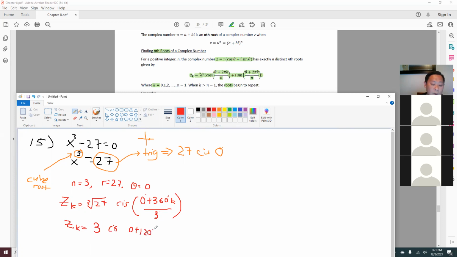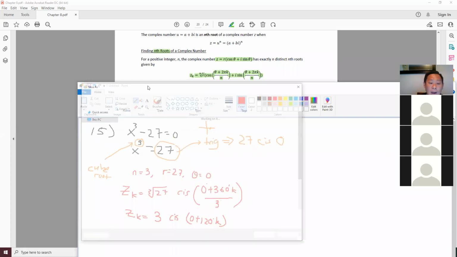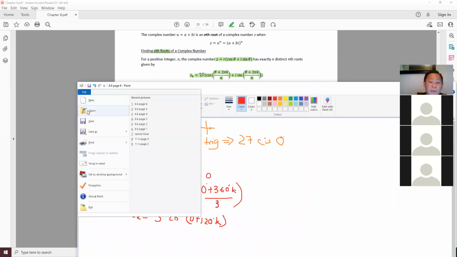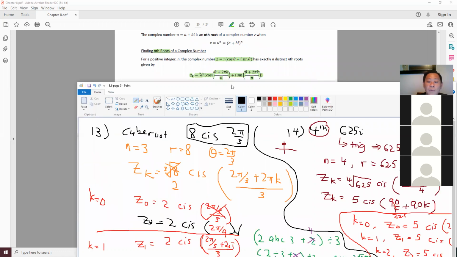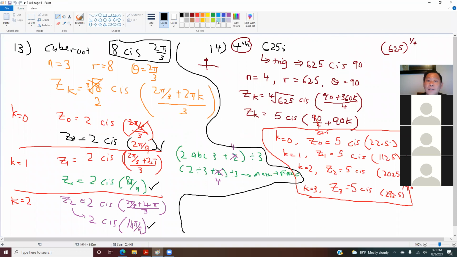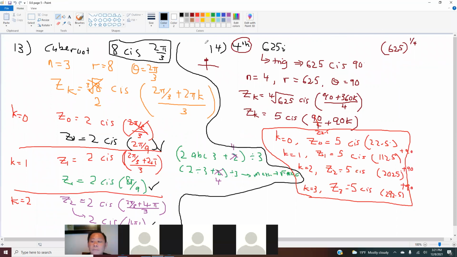Now remember last time, on the previous question, we kept on adding 90 degrees. Let me show this for you so you can see what's going on. In the previous question that we did, we kept on adding 90 degrees, and the reason is because of this 90k.